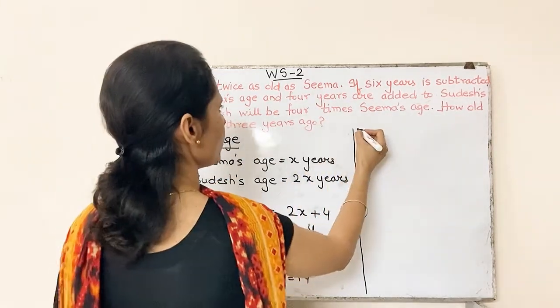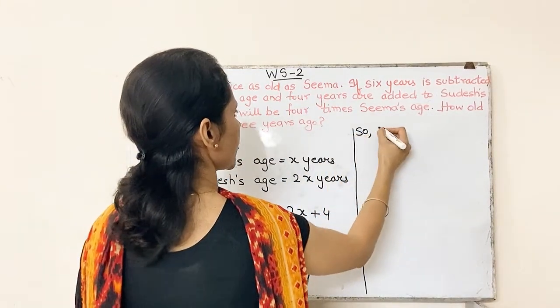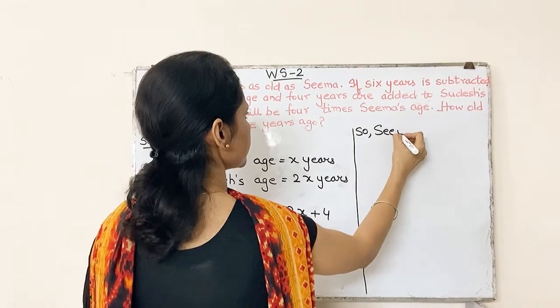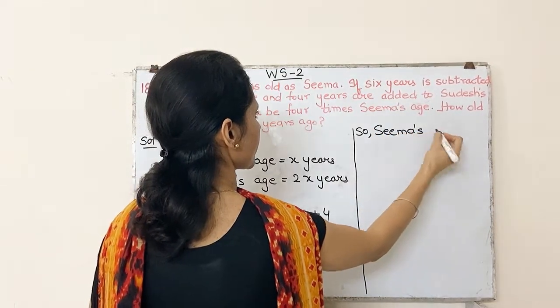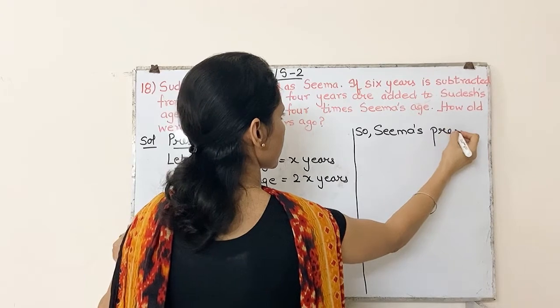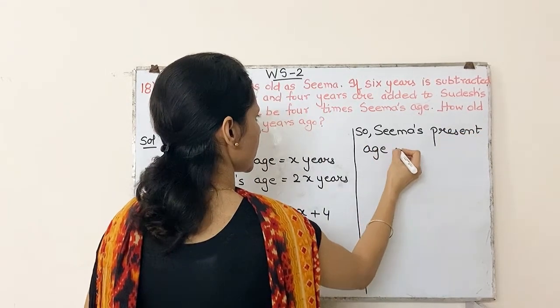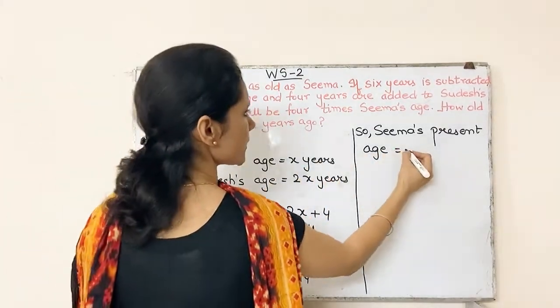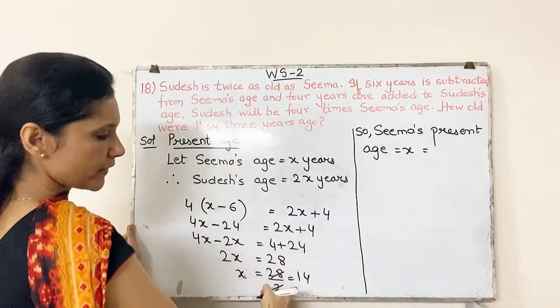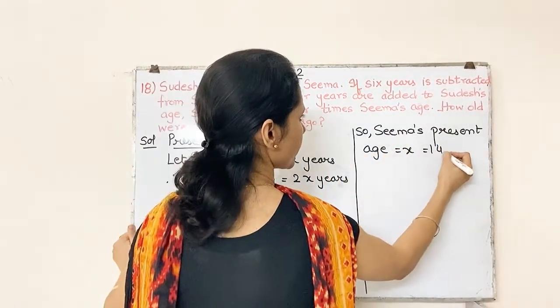So we will write: Seema's present age is equal to x years, and what is the value of x? 14 years.